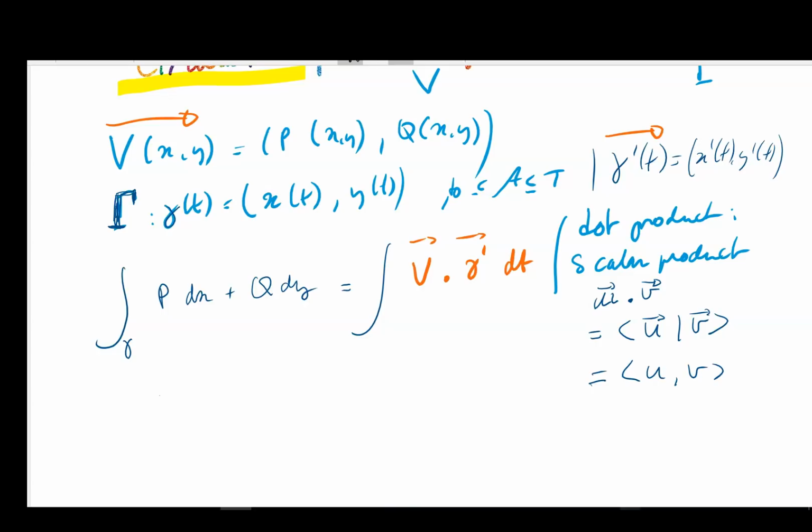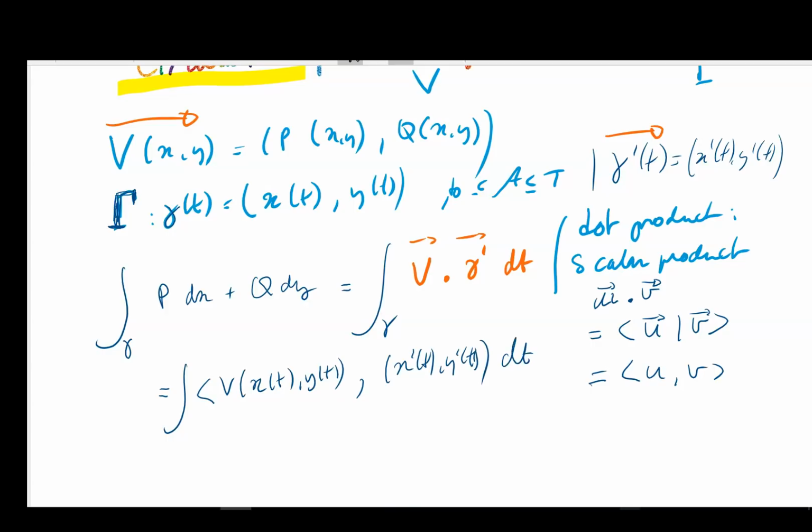All right, so using this, what do I get? V, let's be clear, V depends on x and y, themselves depending on t. So I can say that it's V of x of t, y of t. So I'm taking the dot product, the scalar product, with gamma prime of t, which is the vector with x prime of t, y prime of t.